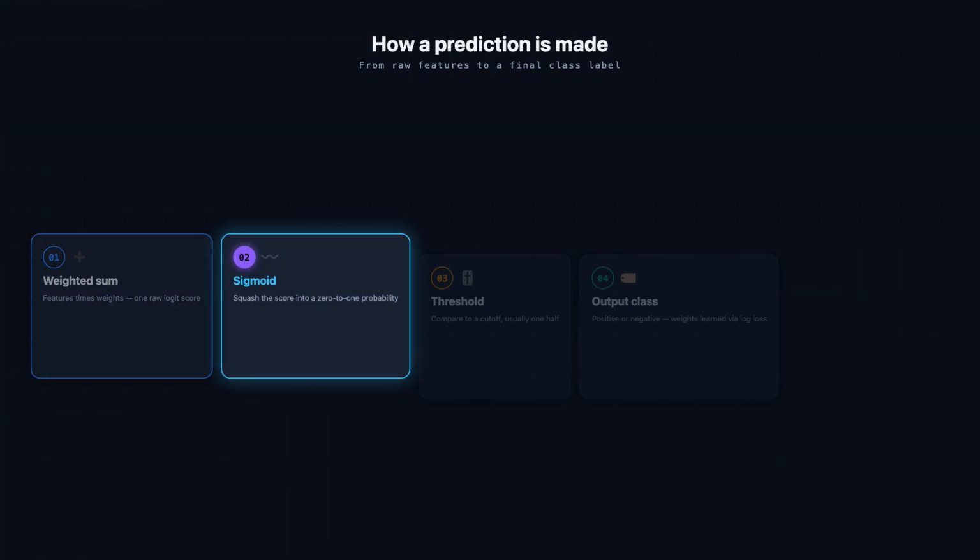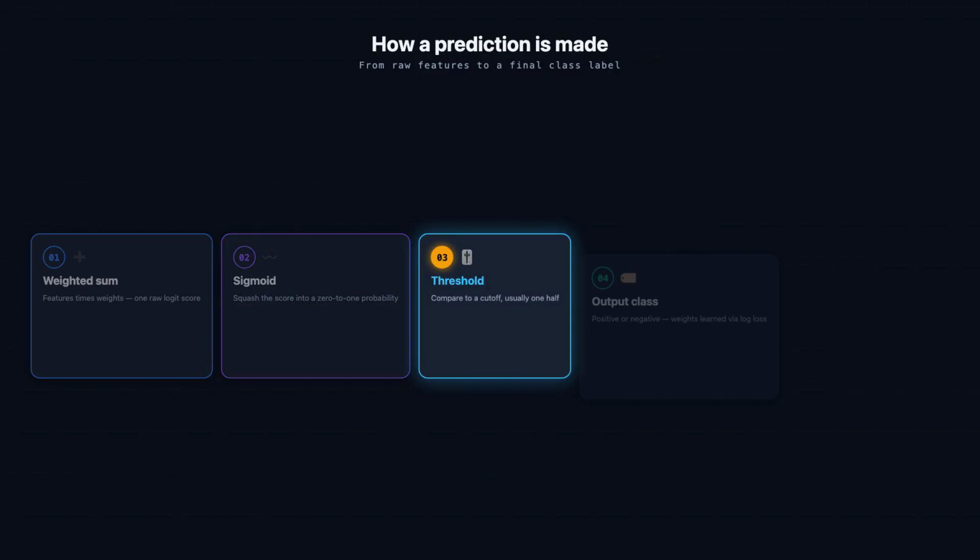Now, push that number through the sigmoid, the elegant S-shaped logistic curve. It takes any value, however large or negative, and gently squashes it into the range 0 to 1. A big positive score maps near 1, a big negative score near 0, and the result reads as a probability.